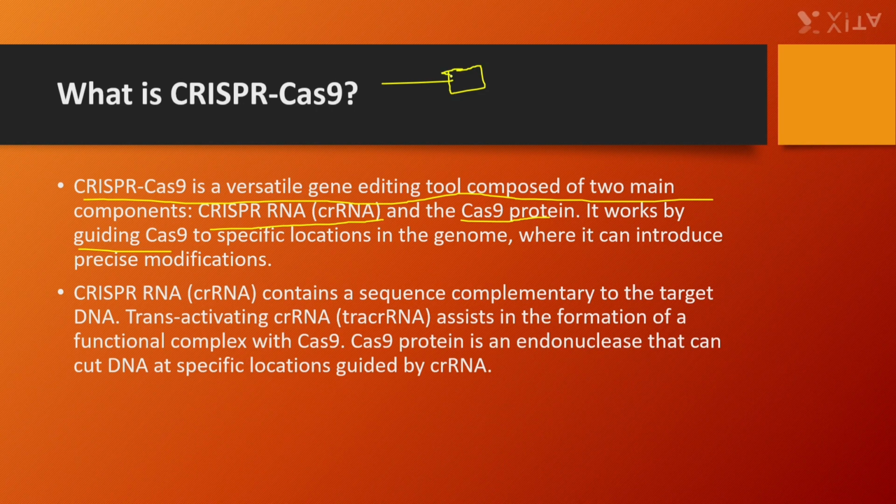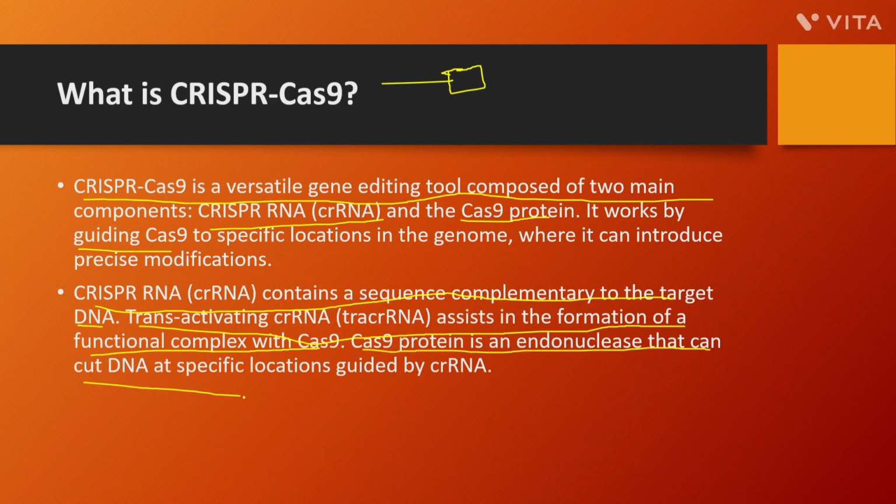That's how CRISPR works. CRISPR RNA contains a sequence complementary to the target DNA. Transactivating cRNA assists in the formation of a functional complex with Cas9. Cas9 protein is an endonuclease that cuts DNA at specific locations guided by the cRNA.